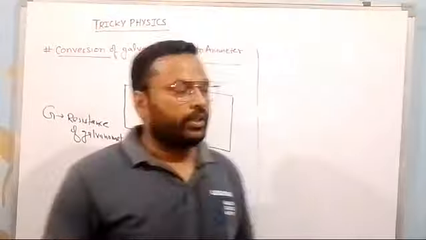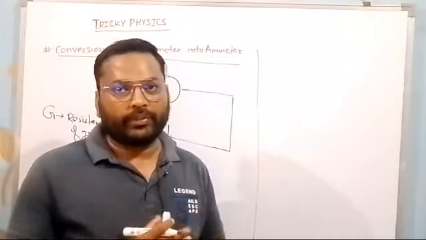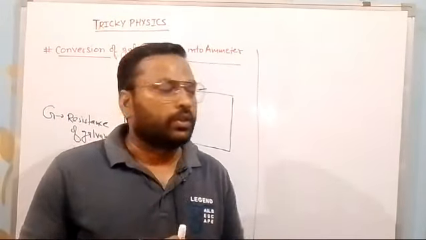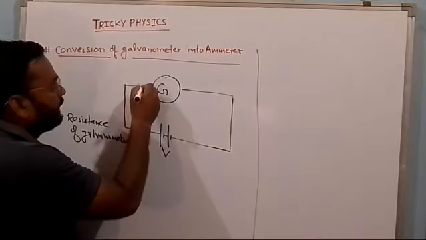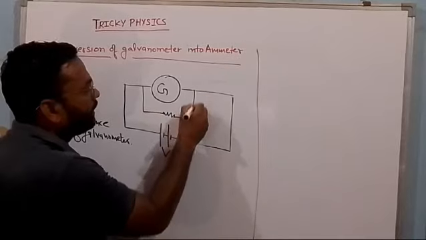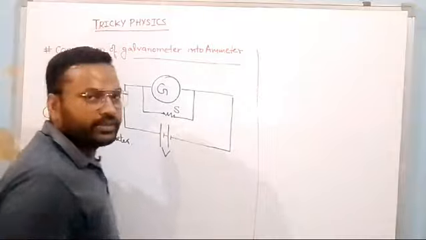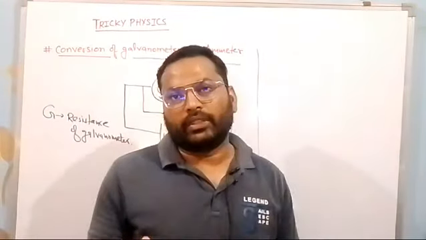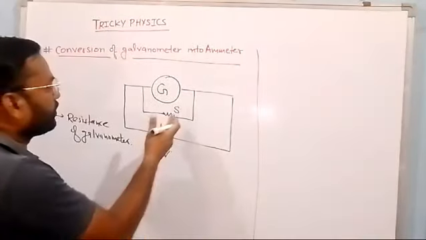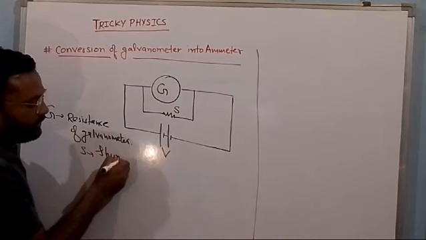If we want to convert this galvanometer into an ammeter, what do we have to do? We connect a small resistance in parallel with the galvanometer, called shunt resistance. This small resistance is connected in parallel with the galvanometer to convert it into an ammeter. S is said to be the shunt resistance.